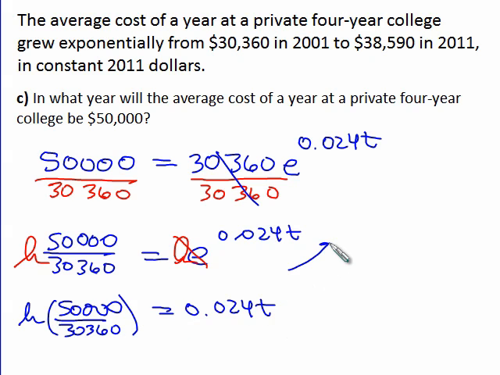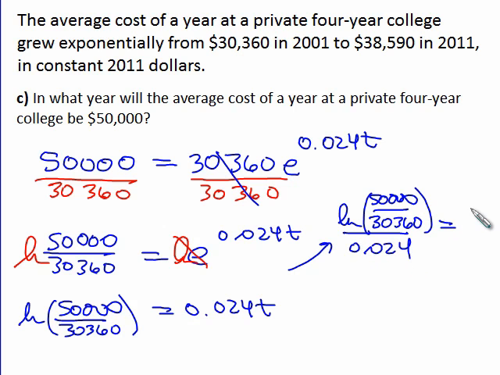The last step then is to divide both sides by 0.024. So what I'm going to be typing in my calculator is the natural log of 50,000 over 30,360, all divided by 0.024, because that's exactly what t is.